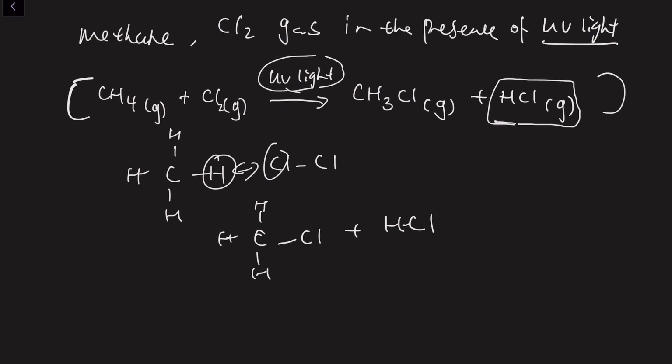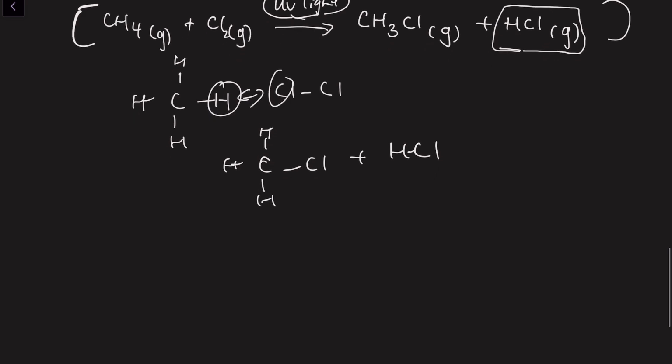So this is only one possibility. Of course, we can go further. We already have this chloromethane, but we can substitute the hydrogens further with chlorine. So we can do the reaction once again to get dichloromethane.